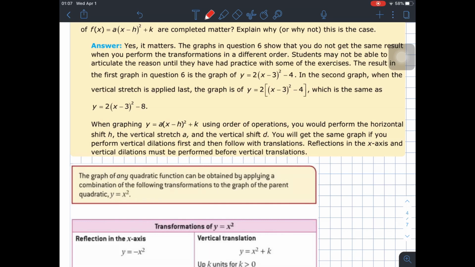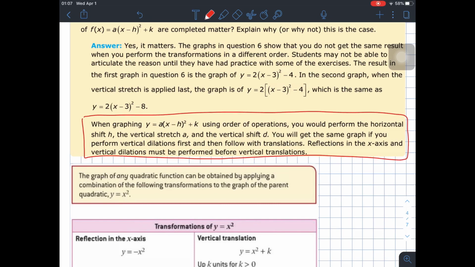When graphing y equals a times (x minus h) squared plus k using order of operations, you would perform the horizontal shift h, the vertical stretch a, and vertical shift k. You will get the same graph if you perform vertical dilations first and then follow with the translations. Reflection in the x-axis and vertical dilations must be performed before vertical translation. Okay, so this is the most important part that you should always have in mind.